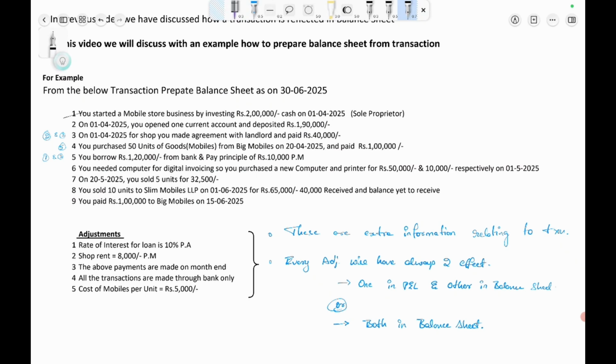Now let's move on to the second transaction. On 1/4/2025, you opened a current account and deposited 1,90,000 rupees. Again, ask the 4 questions: what is the date, who is the receiver, who is the giver, and what is the amount. Once you get all the answers, you are ready to prepare the journal entry.